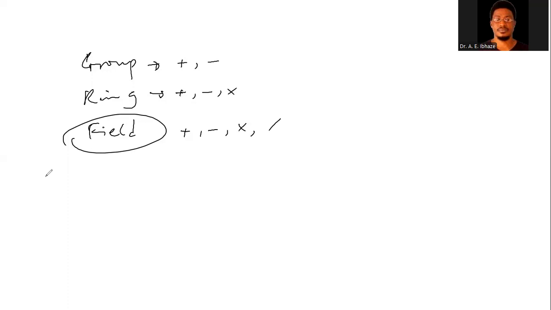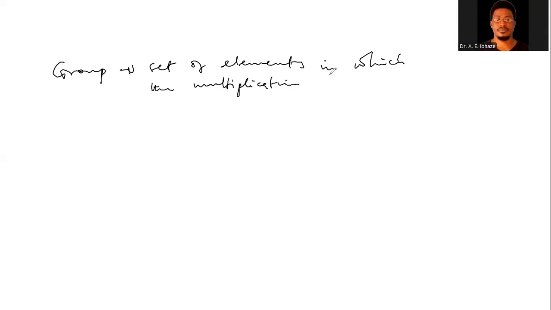But the idea is that for the group, it is a set of elements in which the multiplication operation is used to combine two or more elements.